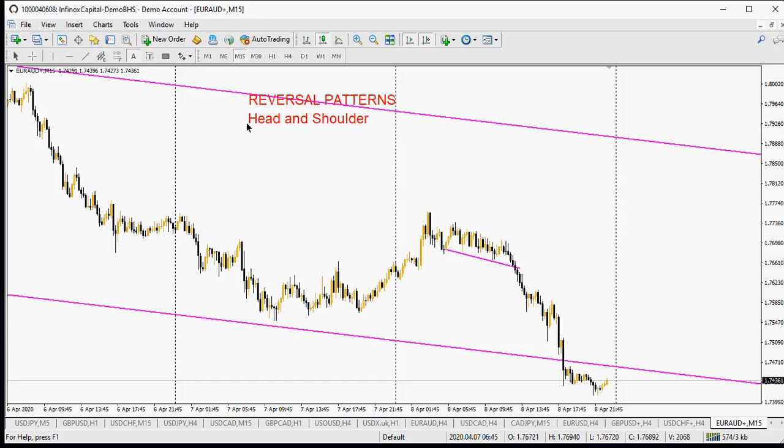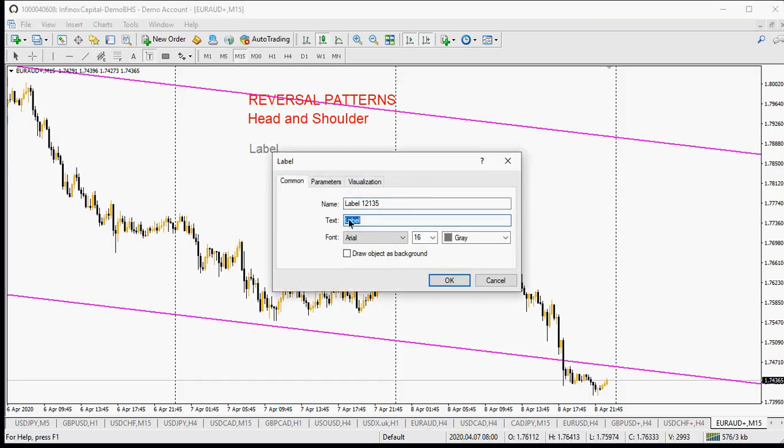We have some of that on this. We have double top.